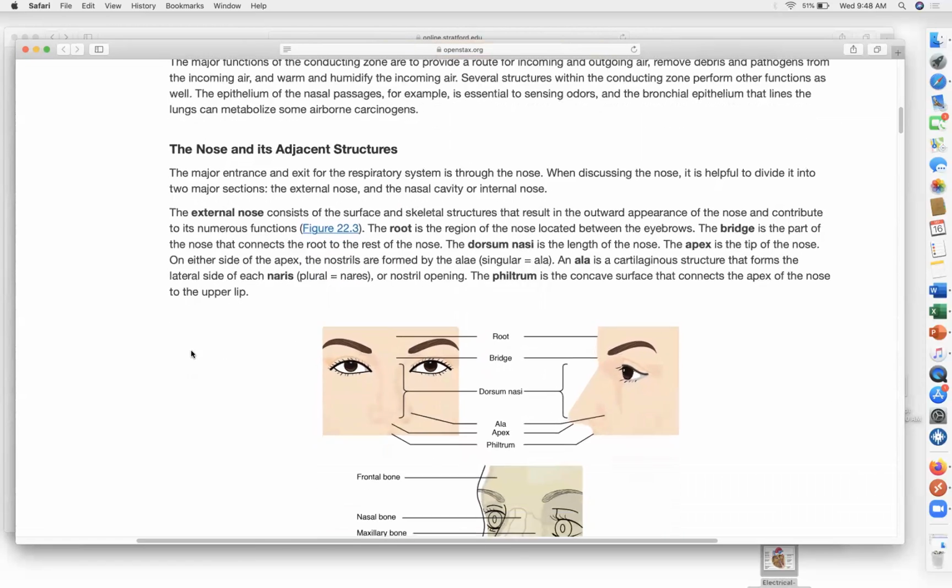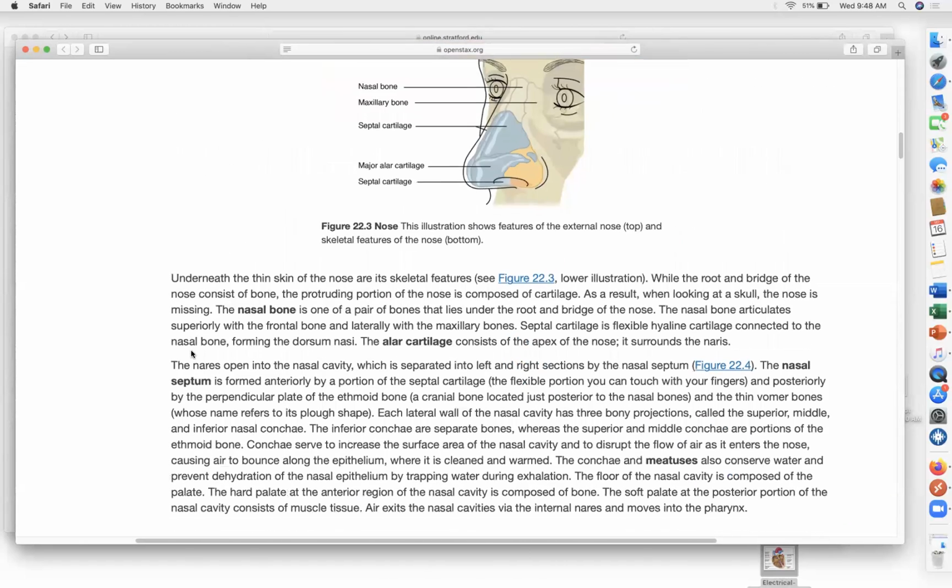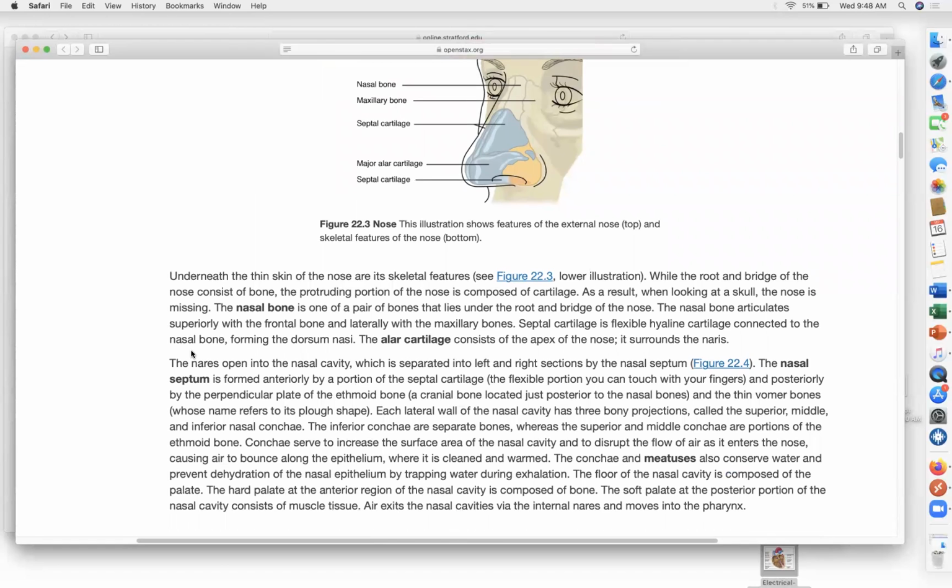Now, your nose. Okay. Quickly, I remember we already talked about how you have cartilage which is flexible, and we already talked about the nasal area.